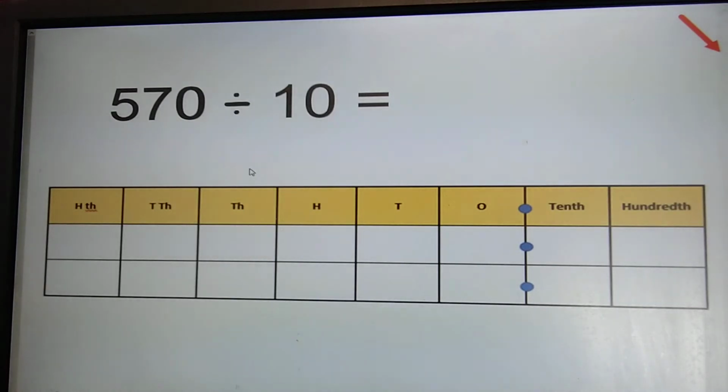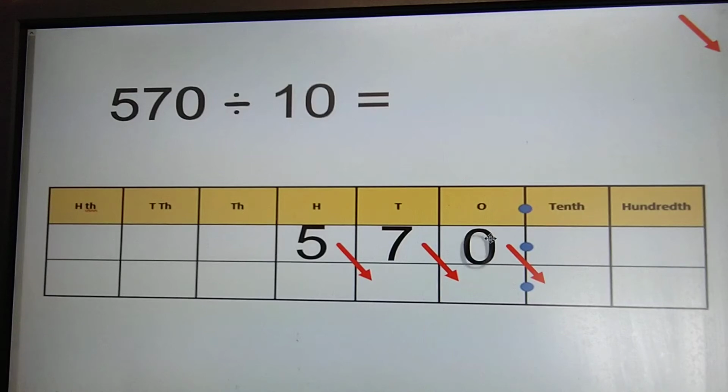Now, if we divide, remember, we need to move to the right and we'll end up with a number that's smaller than the one we started with. It's exactly the same process. So first of all, let's put 570 onto our place value chart. And because 10 has got 1 0, we are going to move all of the digits one place to the right. So let's do that.